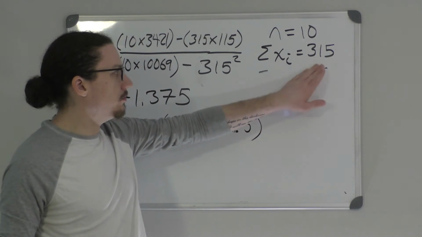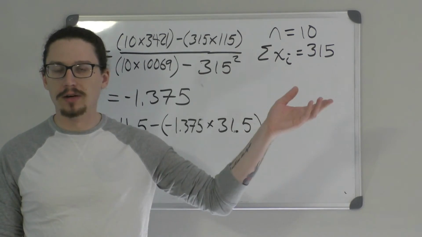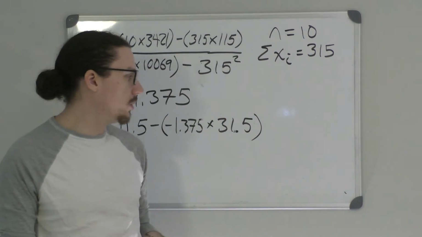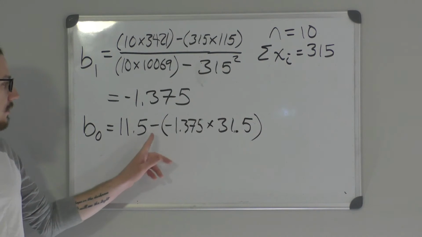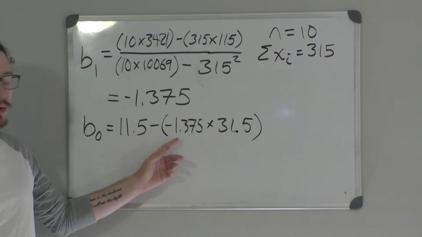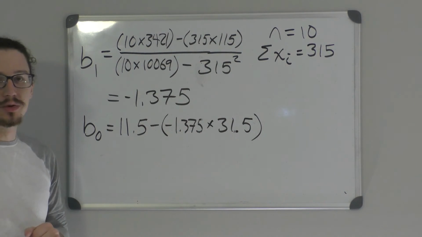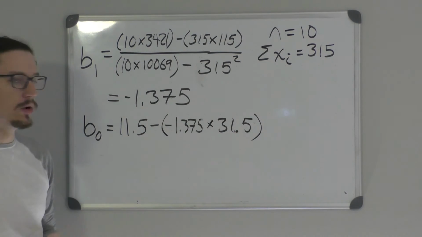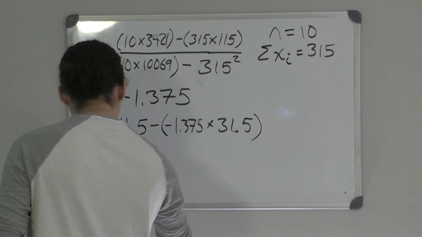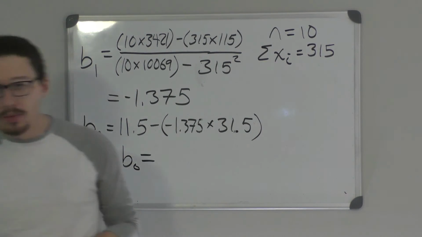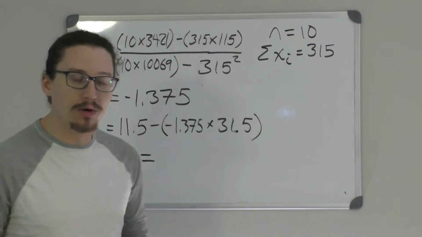All right, so we need the mean for x, we need x bar, 315 divided by 10, it's going to give us 31.5. All right, so y bar 11.5 minus B1 times x bar, which gives us negative 1.375 times 31.5. Once we finish our calculation, we're going to get a B naught of 54.812.